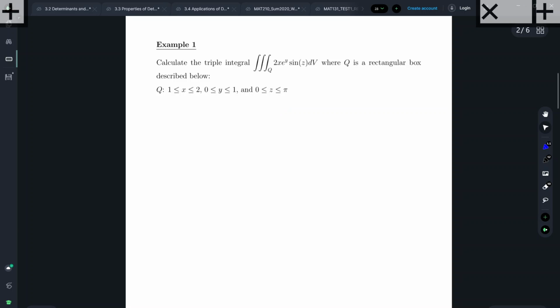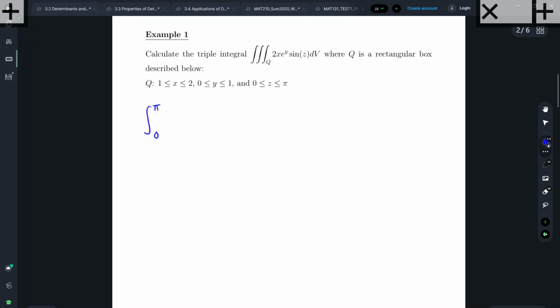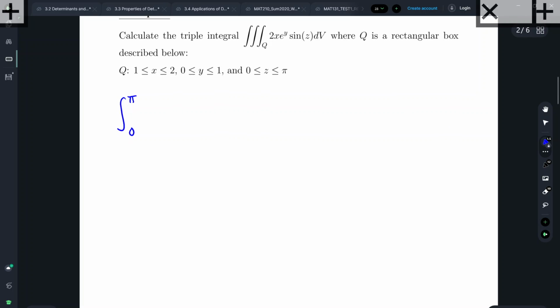Right, so that goes between 0 and pi. Then let's say the next integral with respect to y, so that will go between 0 and 1, and the innermost integral is with respect to x, so that'll go between 1 and 2.